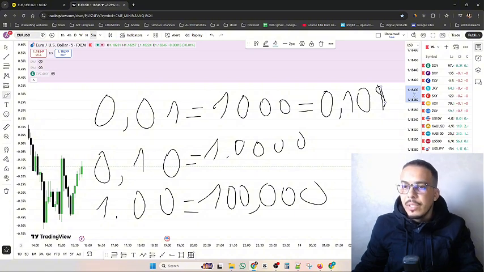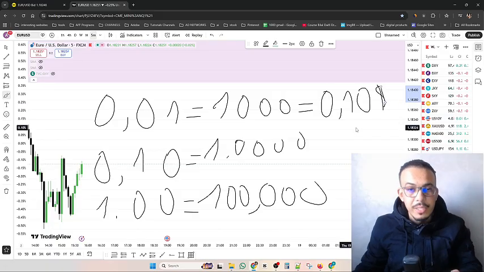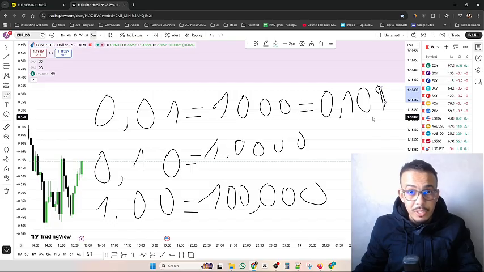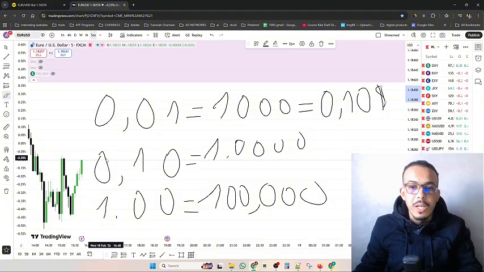For example, if the price is 1.1840 and the price goes up to 1841, that means 1 pip, you will make 0.10 dollar.